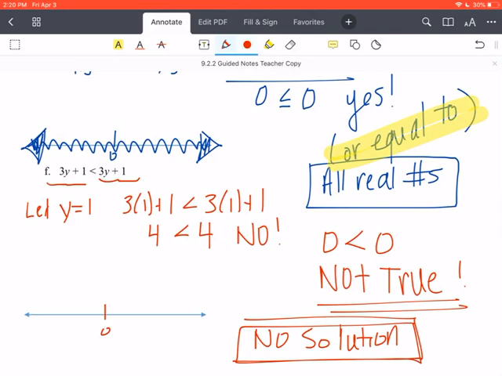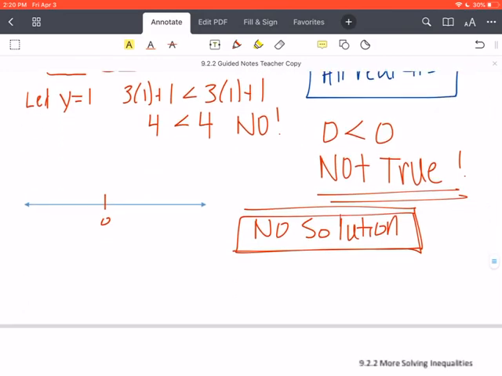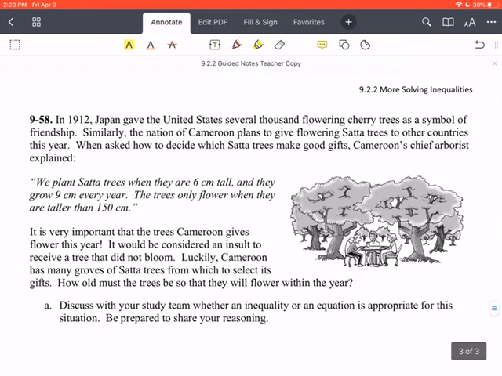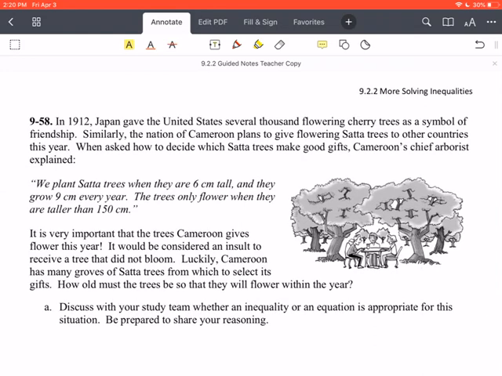So hopefully you're feeling more confident now with one variable inequalities, because you know what's going to come next is two variable inequalities in the lessons to come. But now to summarize what we've been learning and show you how it relates to first semester content of linear equations, let's read 58.